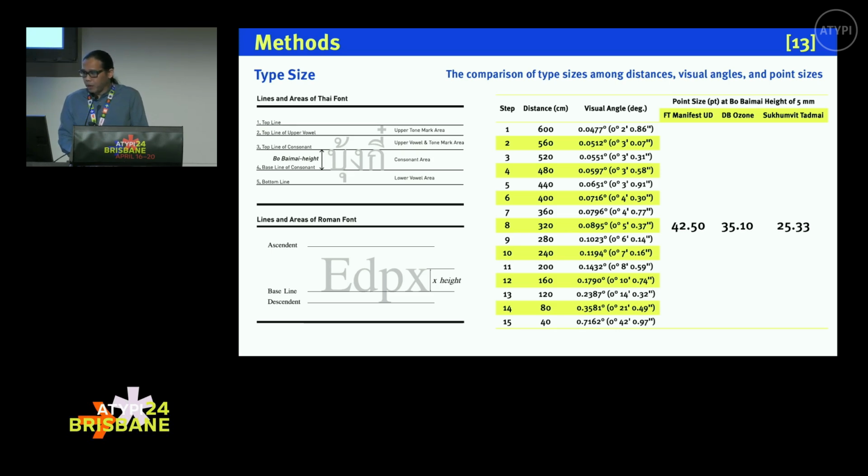The table on the right shows the comparison of type size among distance, visual angle, and point size.